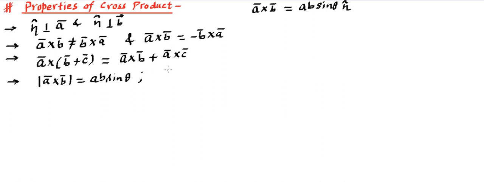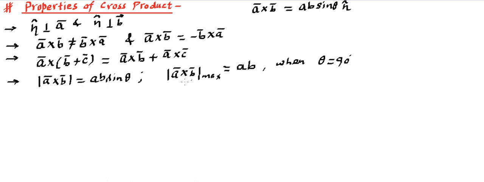So the maximum value will occur for that value of theta for which sin theta becomes maximum, and sin theta's maximum value is 1, so it will be equal to A into B. That's the maximum value of the cross product's magnitude, and it occurs when sin theta is equal to 1, that is theta is equal to 90 degrees. That means whenever the two vectors are perpendicular to each other, their cross product has a maximum value, simply magnitude of A into magnitude of B.